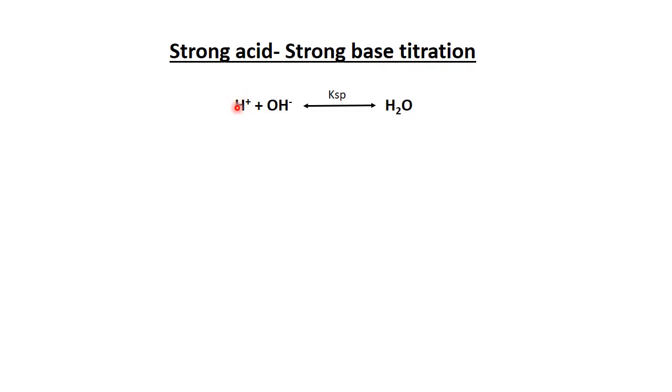So this H+ ion reacts with OH- ion to give water molecules. From the strong acid H+ is coming, and from the strong base OH- is coming. When this OH- reacts with H+, then H2O or water molecules are formed.